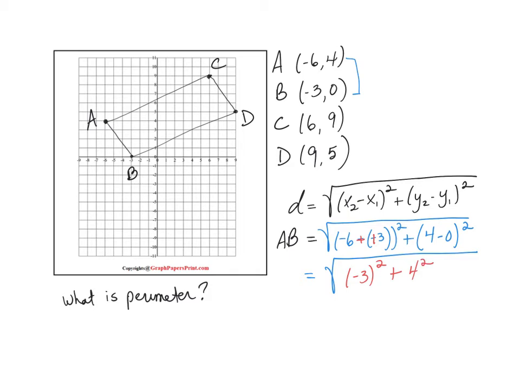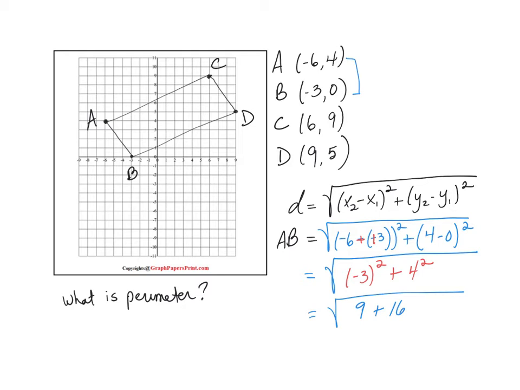Now, don't forget that when we square a negative number, we get a positive because a negative times a negative is a positive. So -3 squared is 9, and 4 squared is 16.